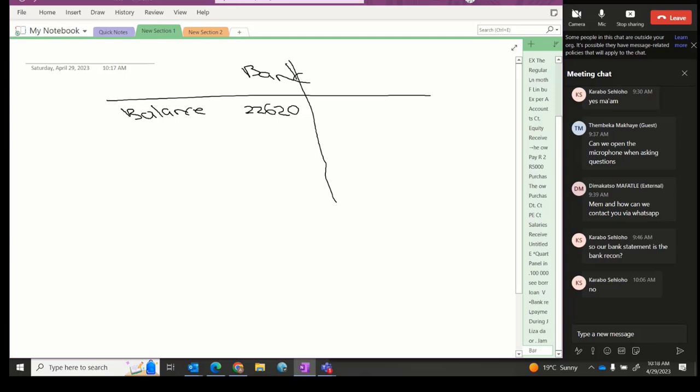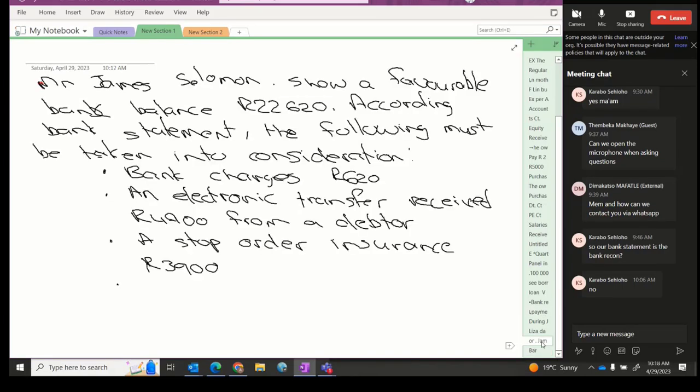Then I'll do the bank recon now. So the bank balance you put there. Now they say, according to the bank statement, the following must still be taken into account.